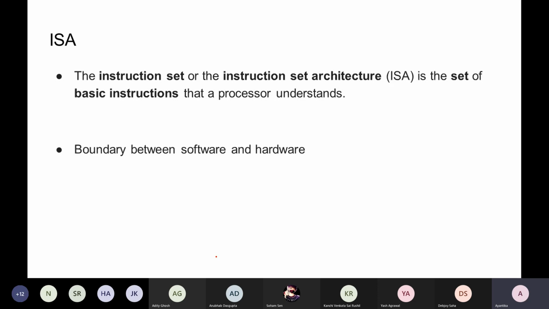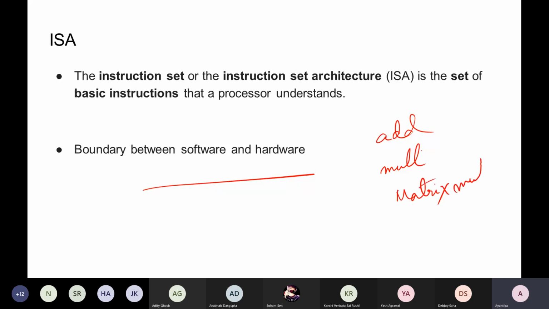Okay, so this is a boundary between software and hardware. That means you can write multiple instructions. You want to write add, multiply, do this, do that, matrix multiplication, whatever you are writing in your code.